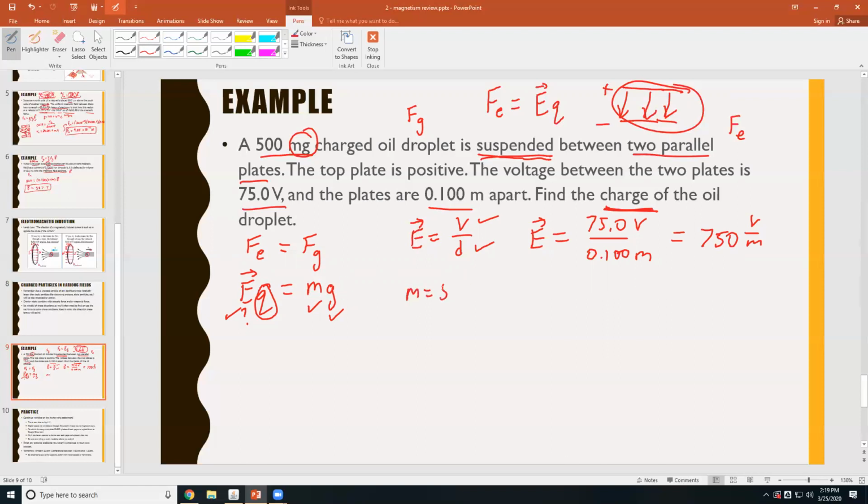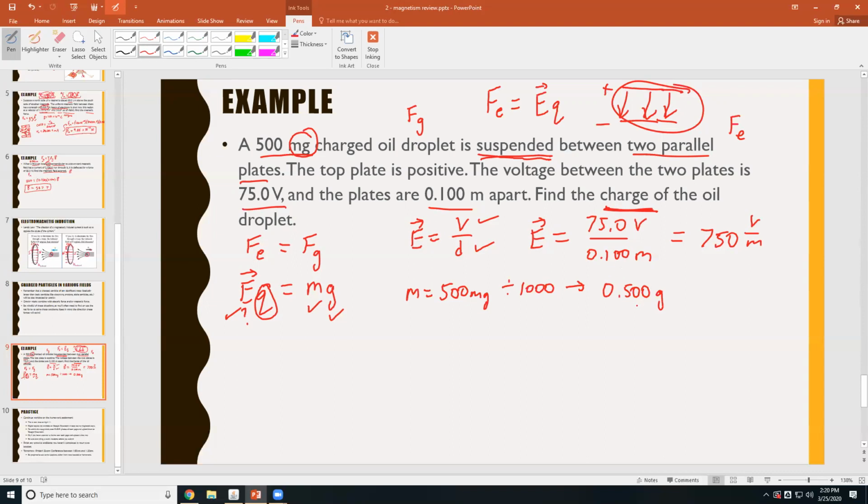Our mass that we had was 500 milligrams. Milligrams aren't a good unit though. We don't like using that. So let's first change that to grams. Remember, to go from milligrams to grams, you've got to divide that by 1,000. So that tells us we have 0.500 grams, or in other words, half a gram. But also remember that for whatever reason in physics, we actually consider kilograms to be the basic unit of mass, right?